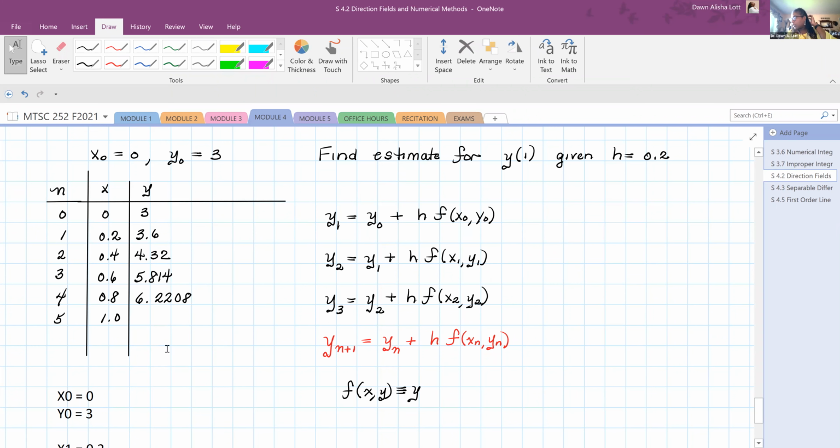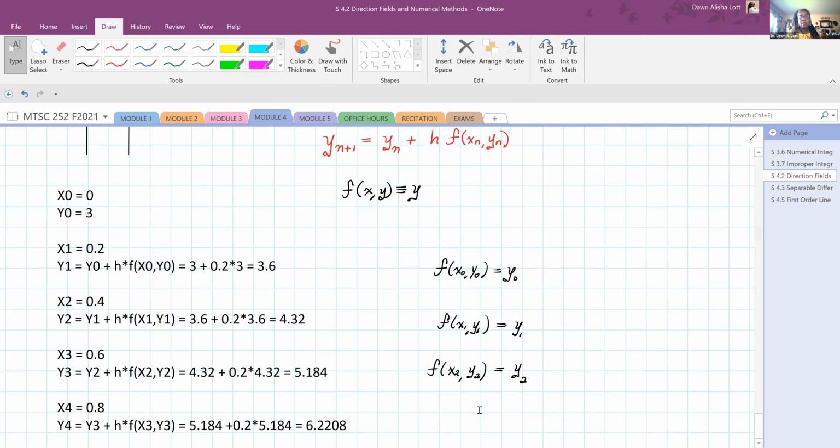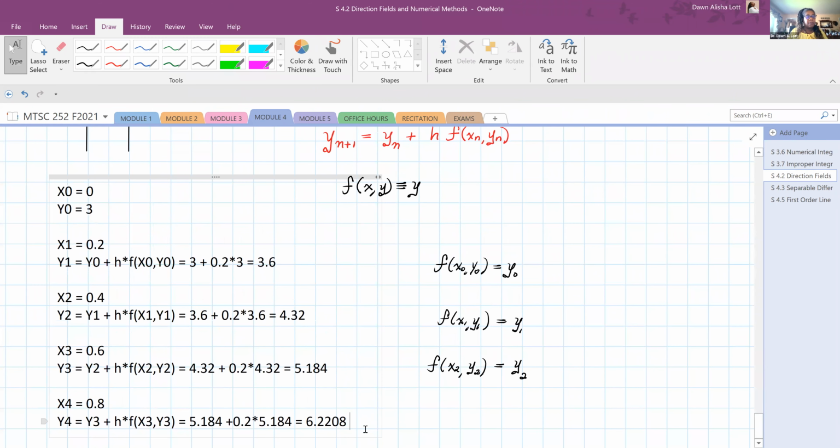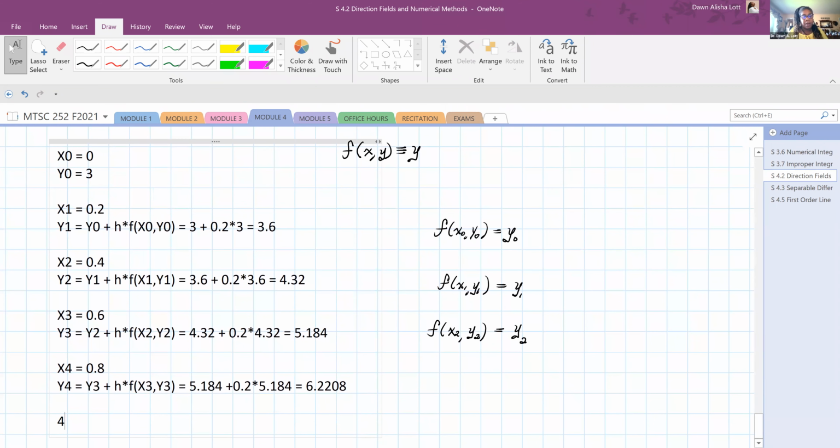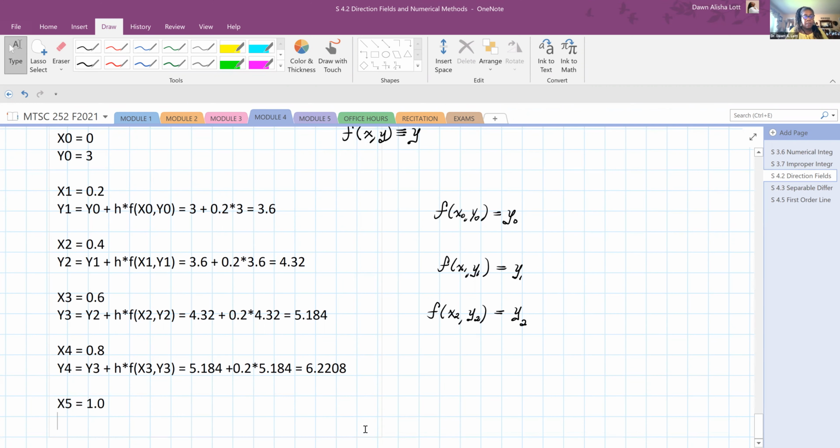Okay. And then the last one, which is the one I was trying to get to, which is y5. I know that x5 now is 1.0. So I am there. And then y5 is going to be y4 plus h times f of x4, y4.